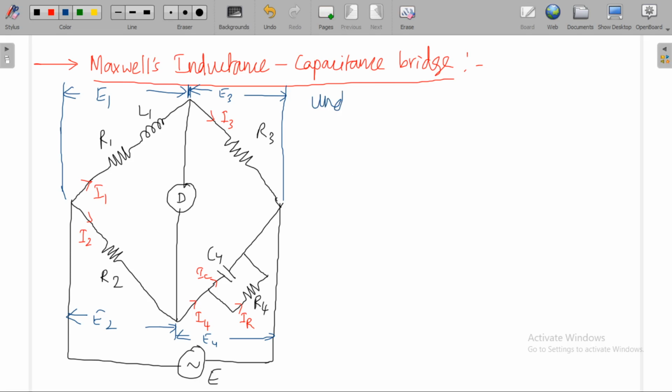Under balanced conditions, Z1 Z4 is equal to Z2 Z3, right?